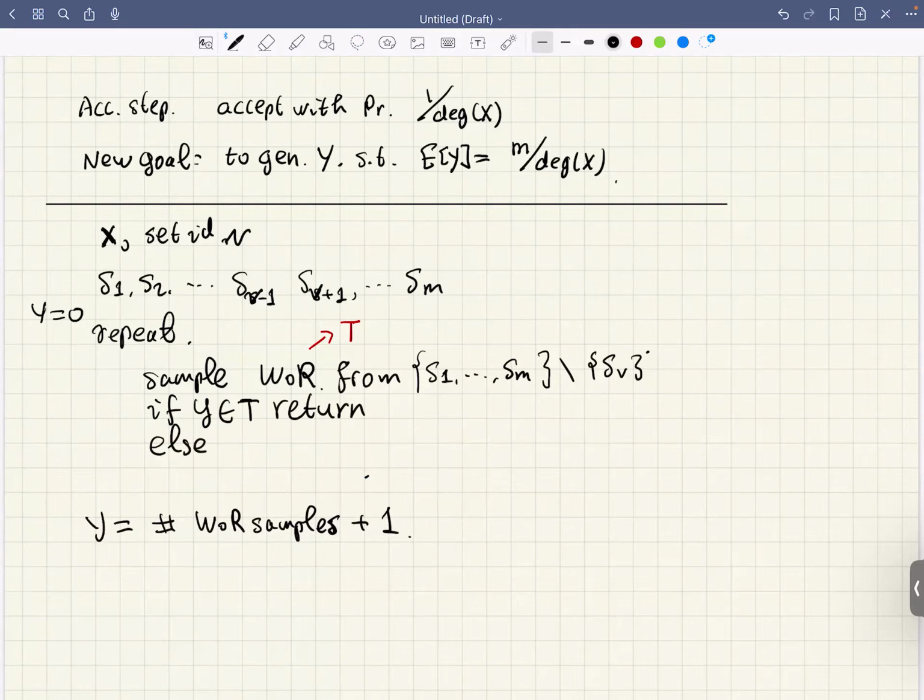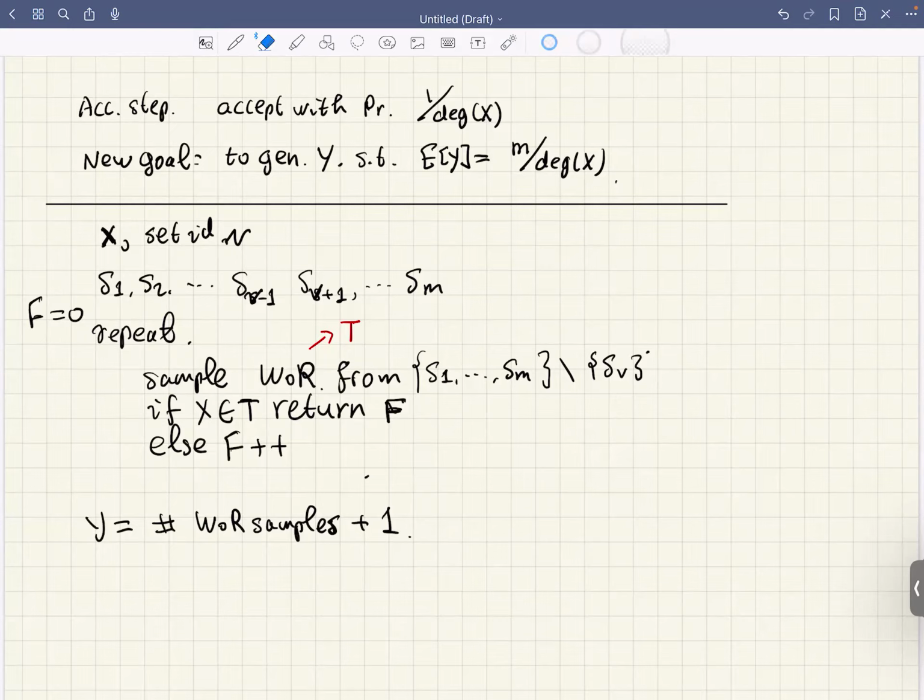Else you increase this. You return y. Let's say you got this f here. Sorry about that. So you return f, otherwise you increase f by 1.